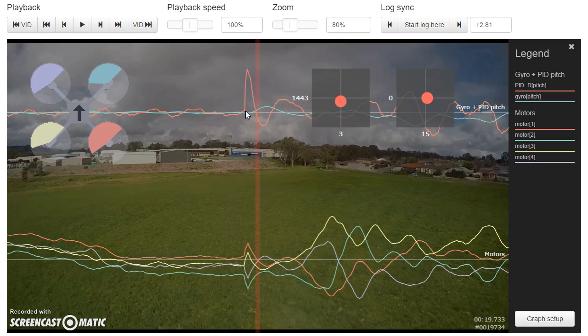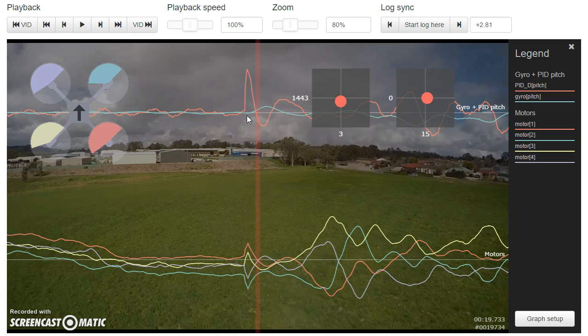The error term is calculated based either on the stick position or on the gyro angular rate, depending on which PID controller you're using. And we see that the gyro did not do anything radical, and the stick did not do anything radical. So it's unclear why that moved.